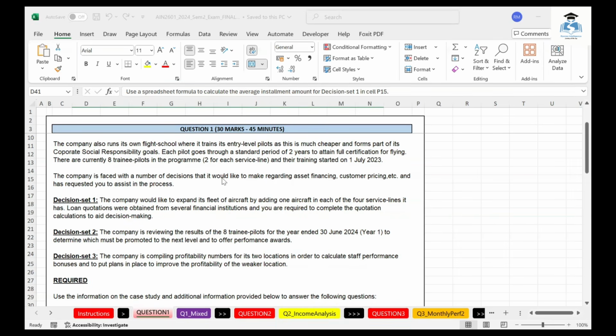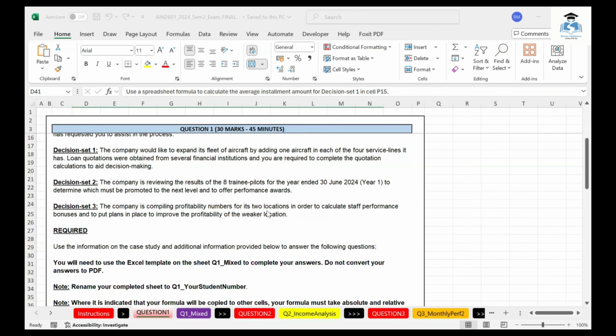There are currently 8 trainee pilots in the program, 2 for each service line, and their training started on 1 July 2023. The company is faced with a number of decisions that it would like to make regarding asset financing, customer pricing, etc., and has requested you to assist in the process. Okay.